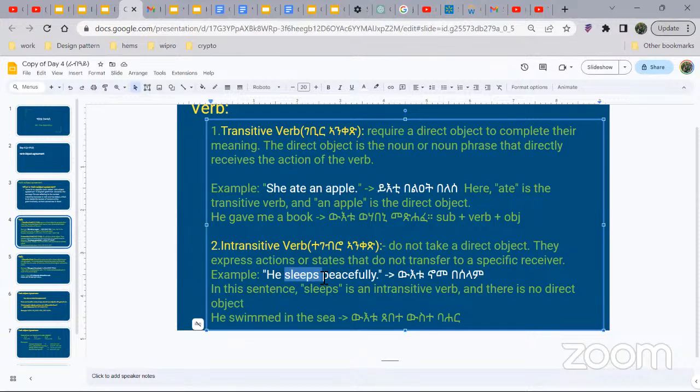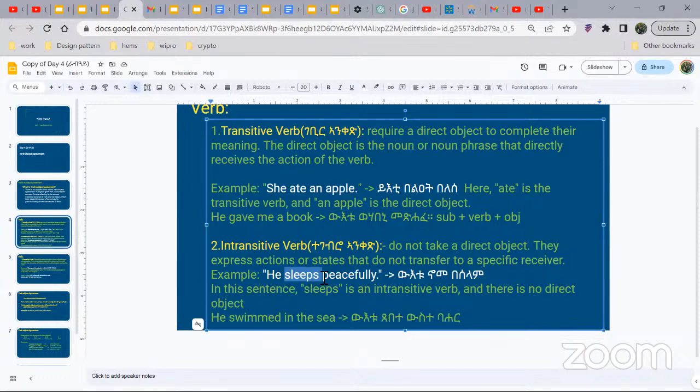No. So it is an intransitive verb. Intransitive, right? Yeah. Transitive.